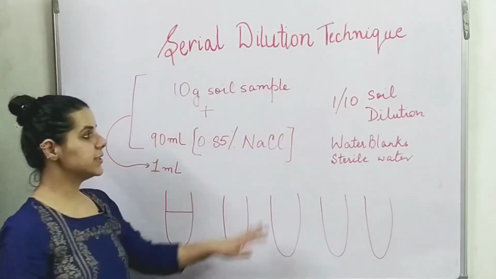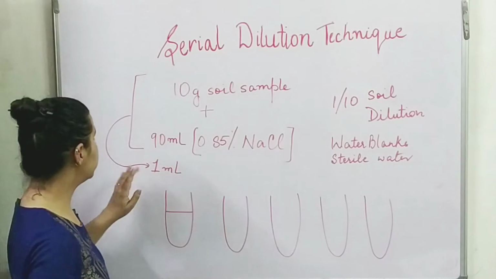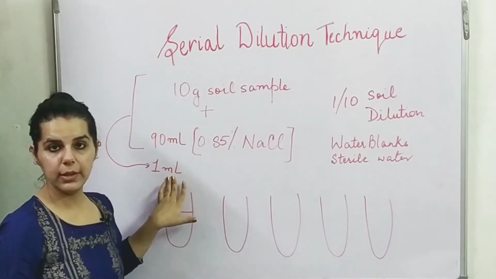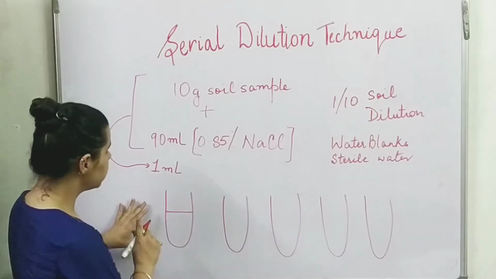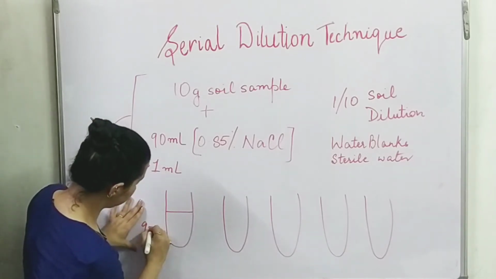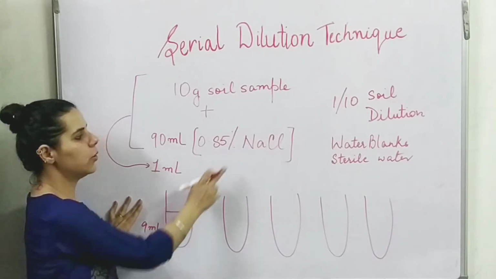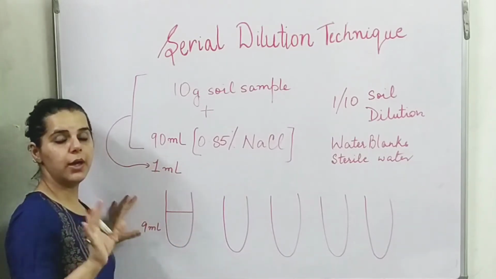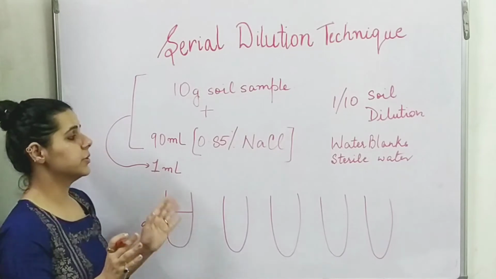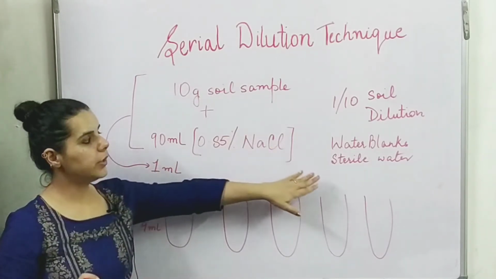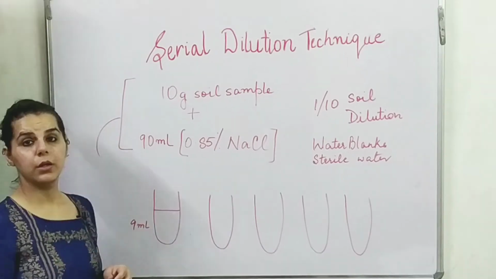So this is our first dilution, and then from this I am going to take a 1 ml aliquot and mix it in 9 ml of water blank, right? Water blank or saline solution, you can choose either of those.